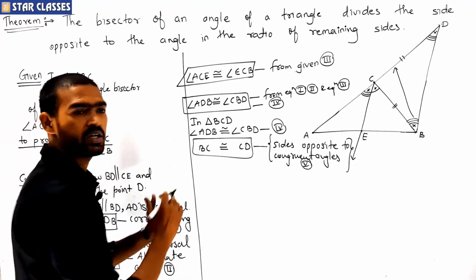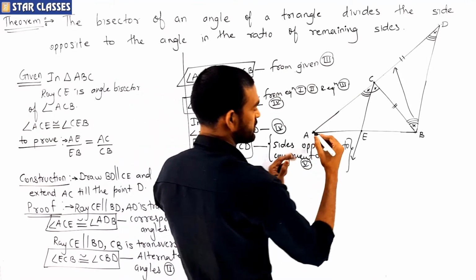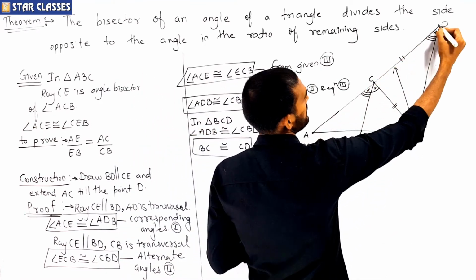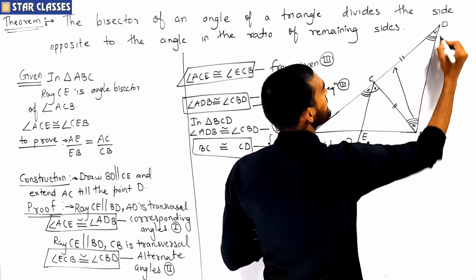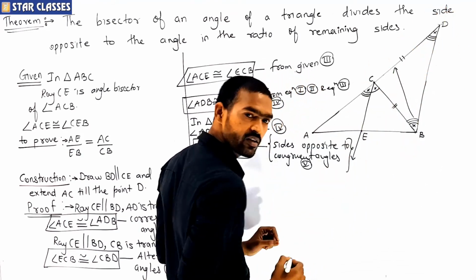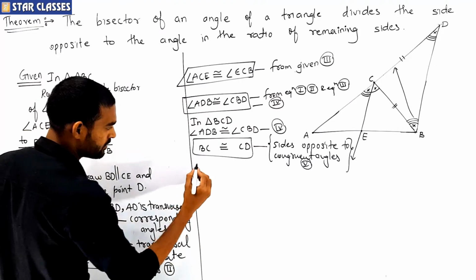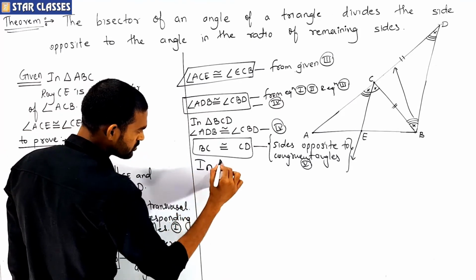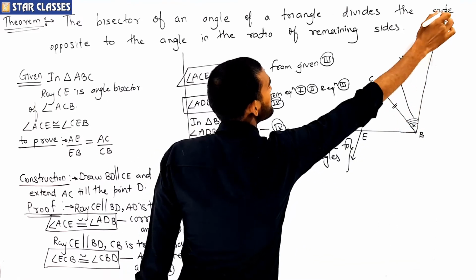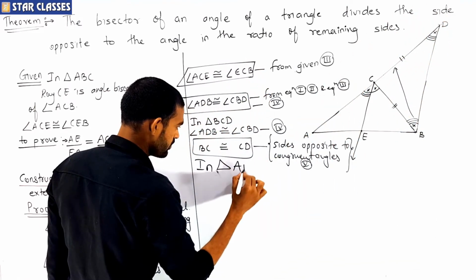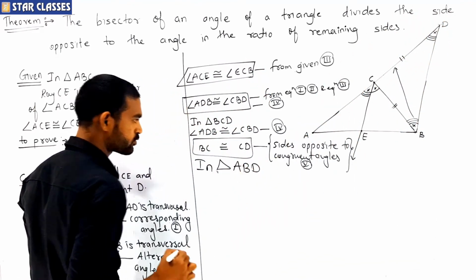Now we'll consider one large triangle. What is my largest triangle? A, D, B, or A, B, D. This is my largest triangle. So I'll select the largest triangle, triangle ABD. Right, students?